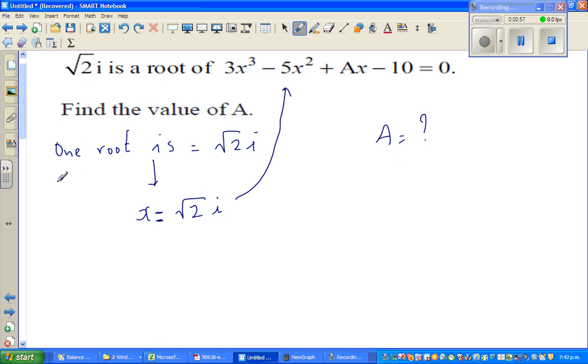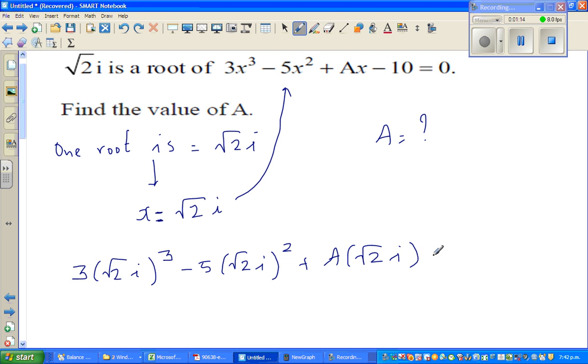The next step would be 3 times root 2i the whole cube minus 5 times root 2i squared plus a times root 2i minus 10 is equal to 0.